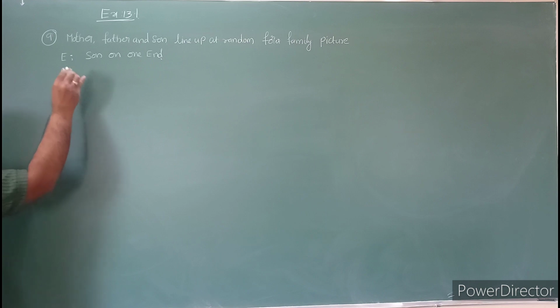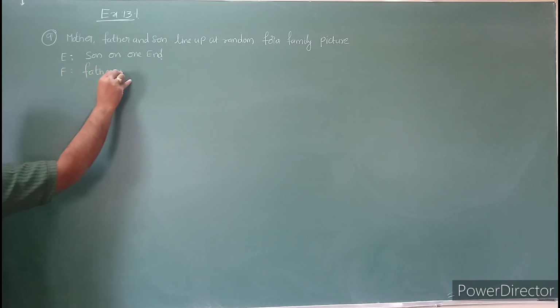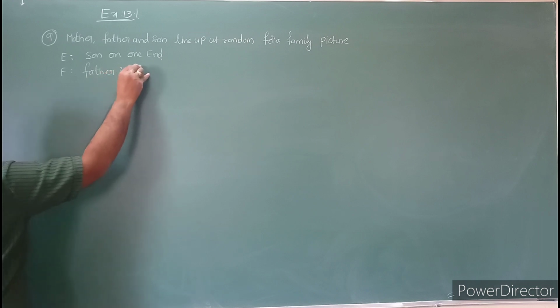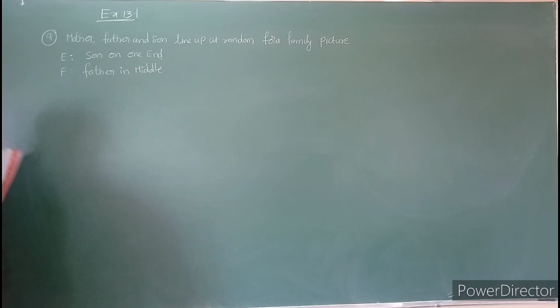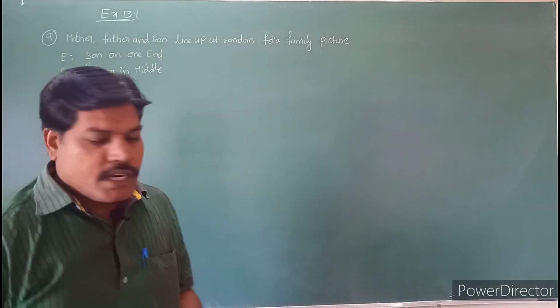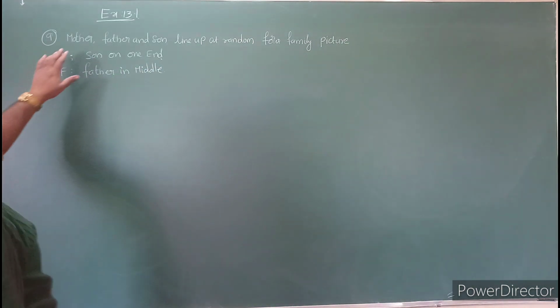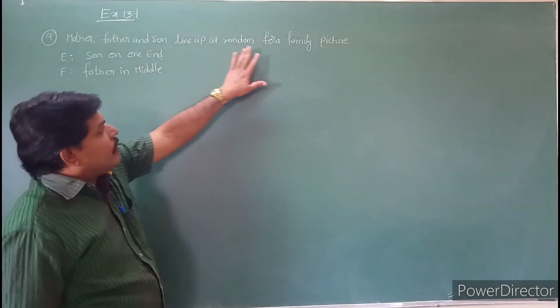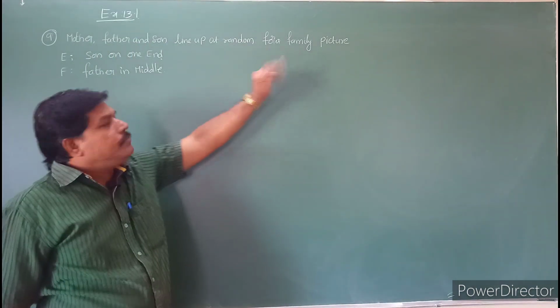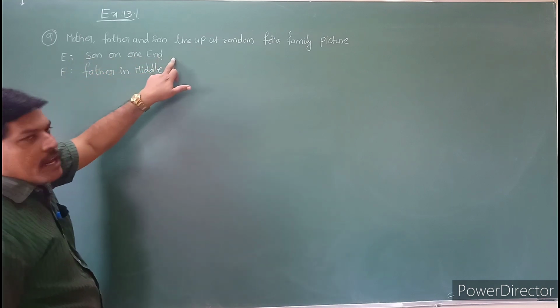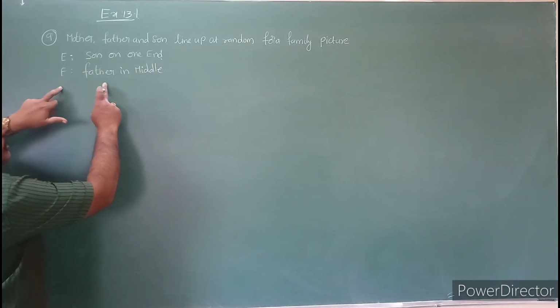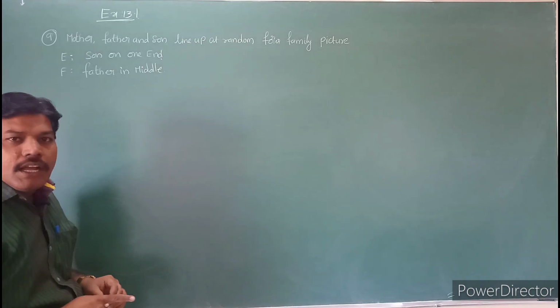F is father in the middle. So see this question, students, what they are giving: mother, father and son line up at random for a family picture. So what is the E event? Son on one end. F, father in the middle.